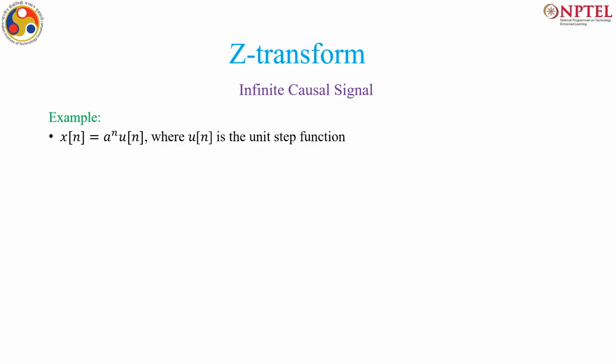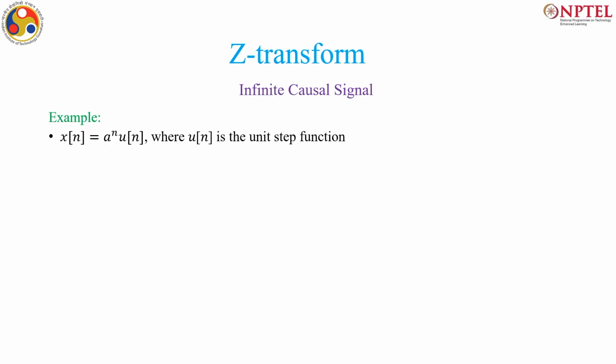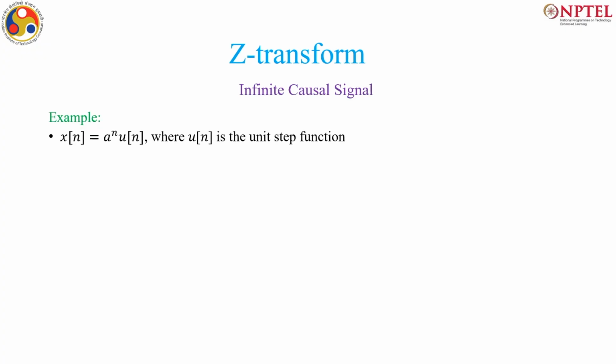In general, I say I have a sequence represented as x of n and I want to find the z transform. Now, of course, for signals Fourier is a better method, while for systems the z transform is a better method. But in this case, just for introduction to the z transform, let us assume that this can be a signal or a system, and this is defined by a to the power n times u of n.